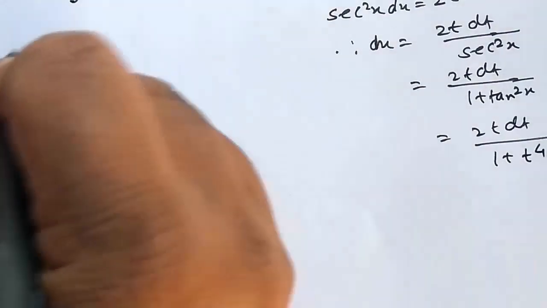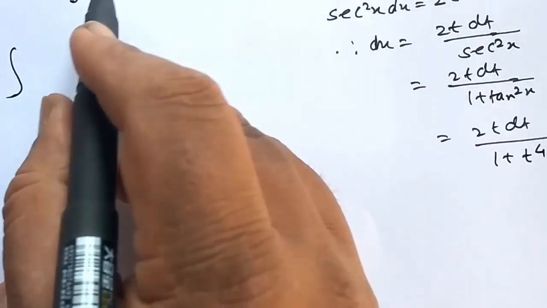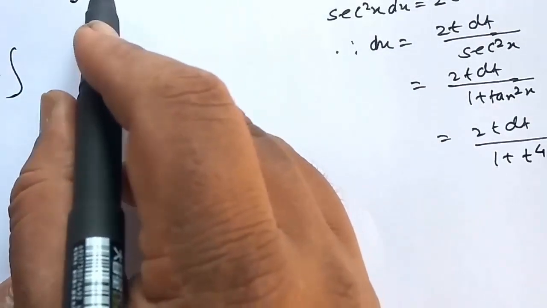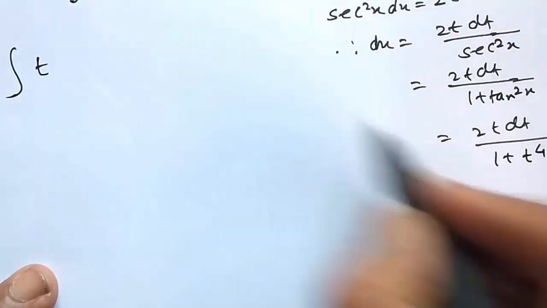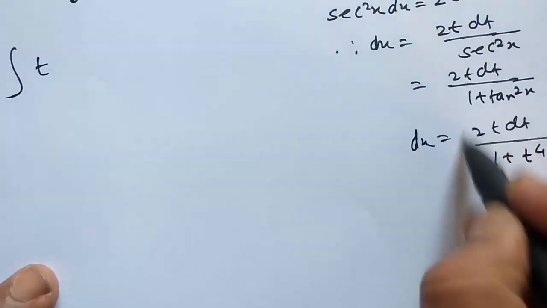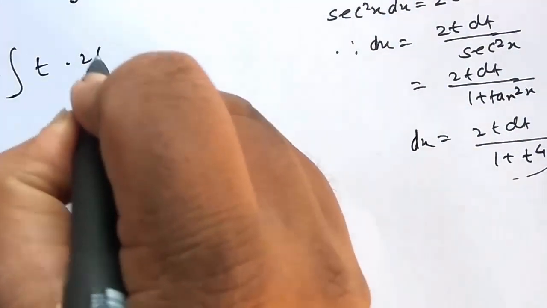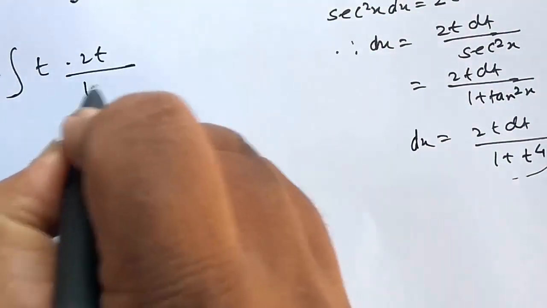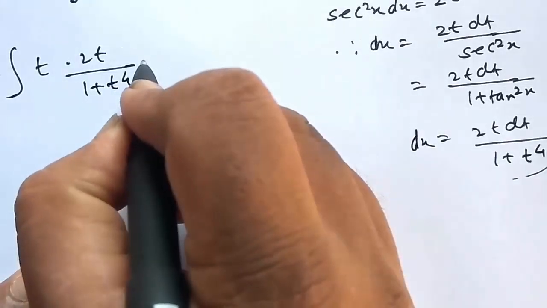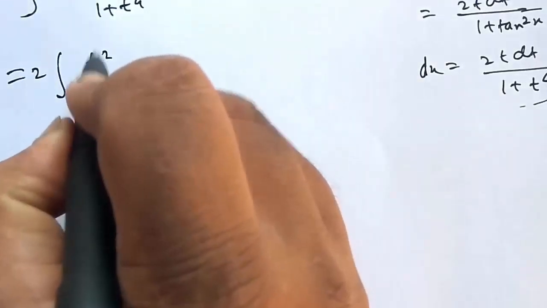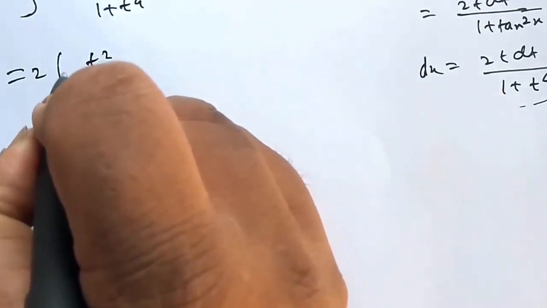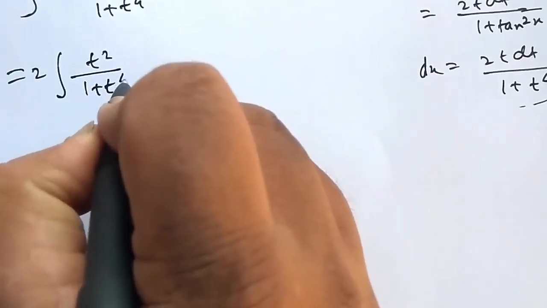Therefore, I becomes, here root of tan x is equal to t and dx is replaced by 2t upon 1 plus t raised to 4 dt. So this is equal to 2 times integration of t square upon 1 plus t raised to 4 dt.